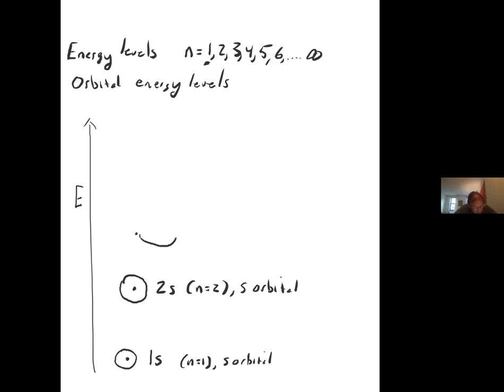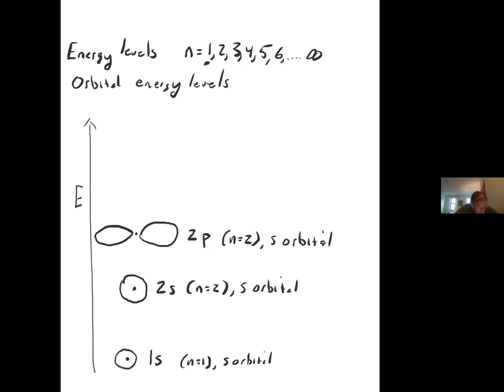So I'm going to draw it this way. Okay, so this is also n equals 2, but it's a p orbital, right? So that means n equals 2. I'm going to go over how you figure out the order of this later, but I just wanted to show you what they look like. Okay, so the third one is a 2p.